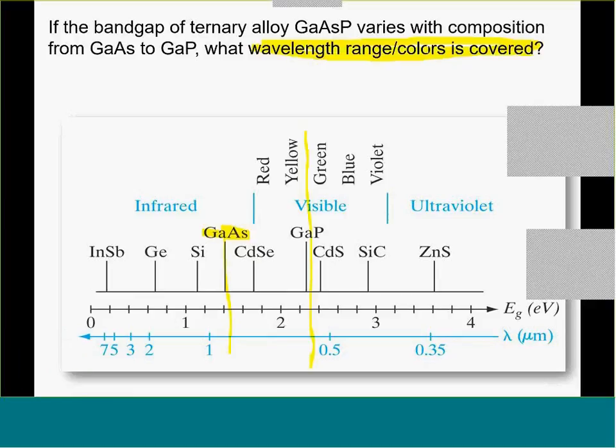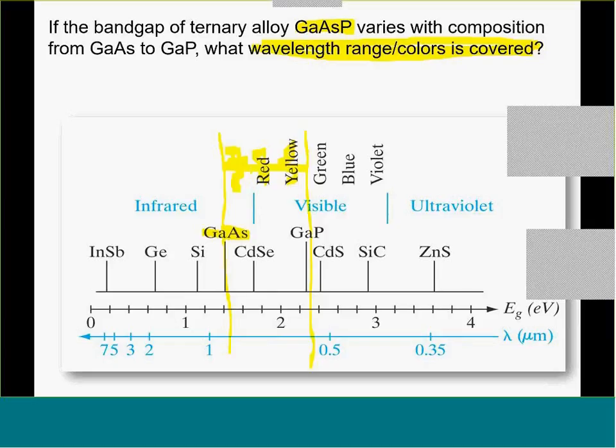So if you look here, gallium arsenide is around infrared and gallium phosphide is between yellow and green, so yellow. So the colors that are going to be covered will be IR, red, and yellow. So you can vary the concentration of gallium, arsenic, and phosphide in order to have the different colors, red or yellow, or you want to concentrate on infrared.